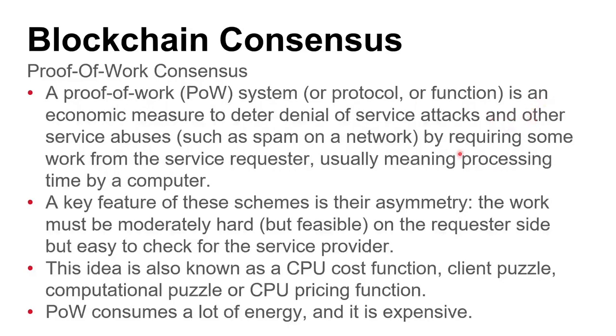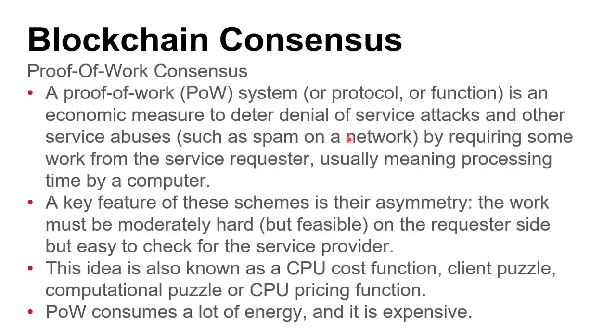With proof of work, it's an economic measure. It was started off as a way to deter denial of service attacks and service abuses such as spam by requiring work to be done of a service requester, usually meaning processing time by a computer. The idea was you have to really want to send out whatever you need to send out in order that you would complete this work. A key feature of these schemes is their asymmetry.